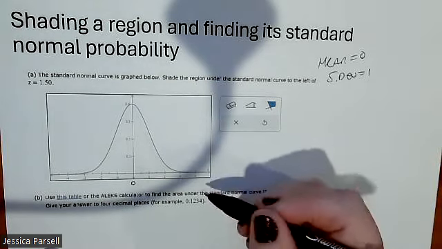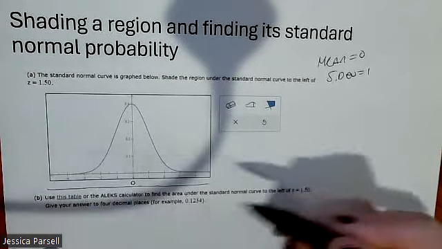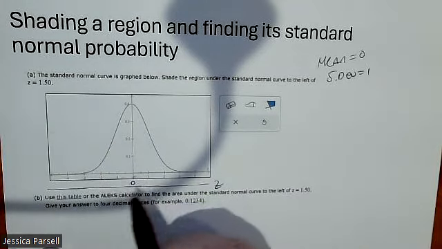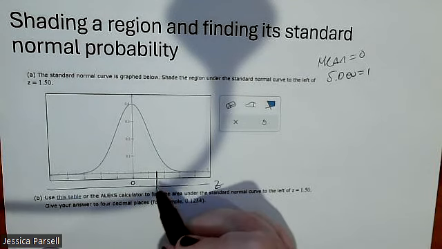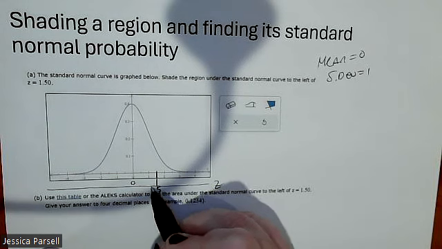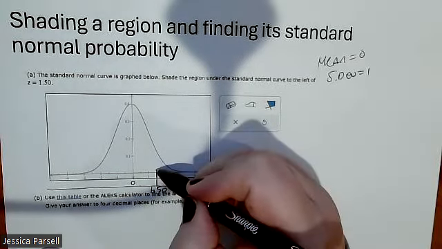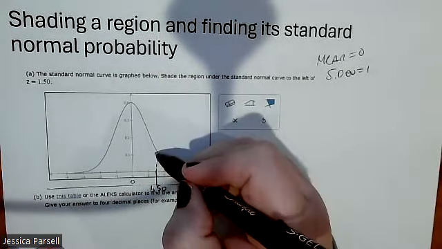Remember, a z-score runs below and above the mean. So this is our z-score. 1.5 is positive, so it's going to be above the 0, and 1.5 looks like it's right here, 1.50. If I sketch that upward, let's make that line a little nicer.